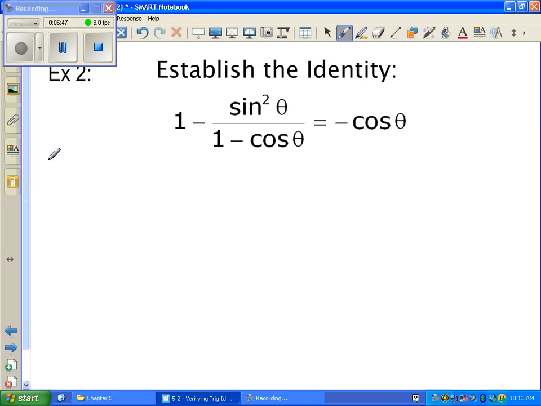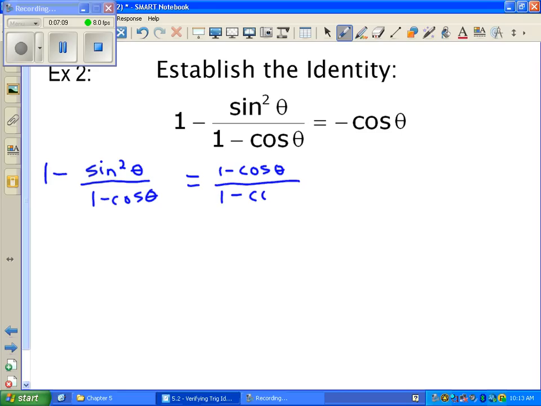And first of all, let me get my original left-hand side. It is the most complicated side, so that's where I'm going to start. And now I'm going to rewrite 1 with a common denominator of 1 minus cosine theta. Notice that 1 minus cosine theta divided by 1 minus cosine theta is 1.